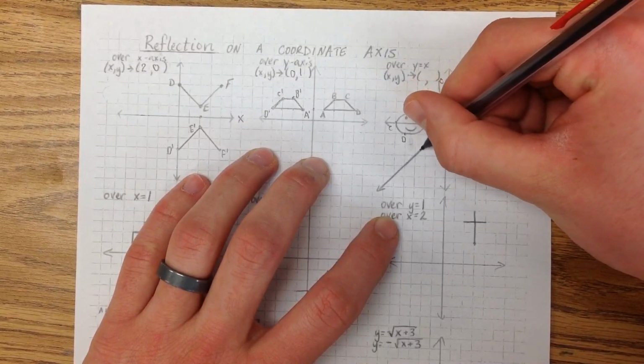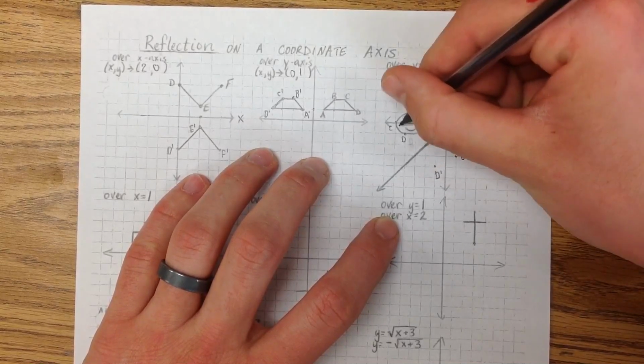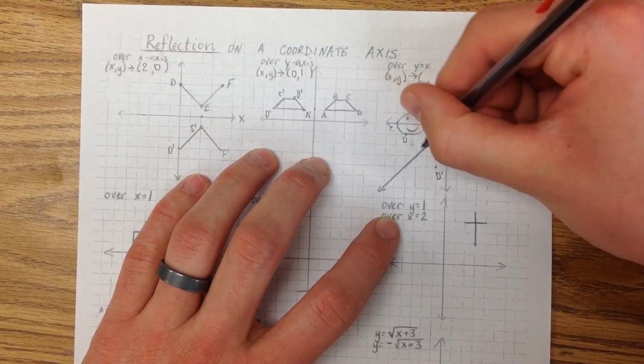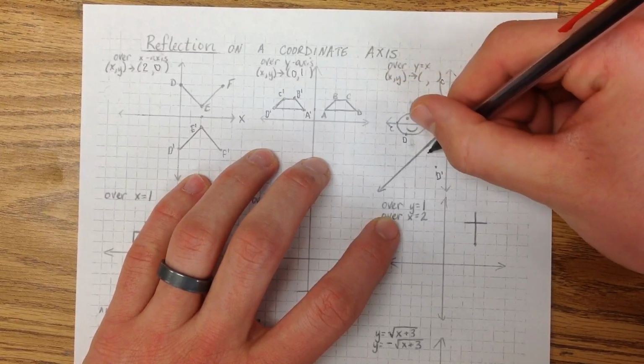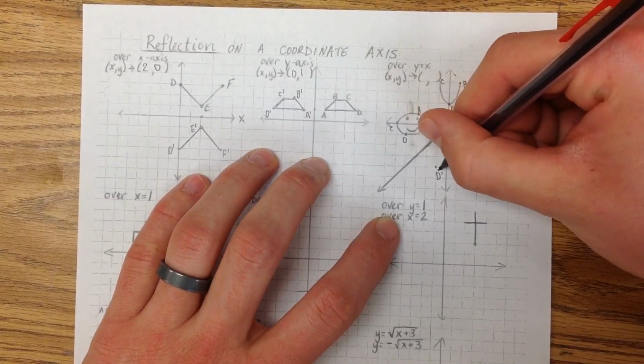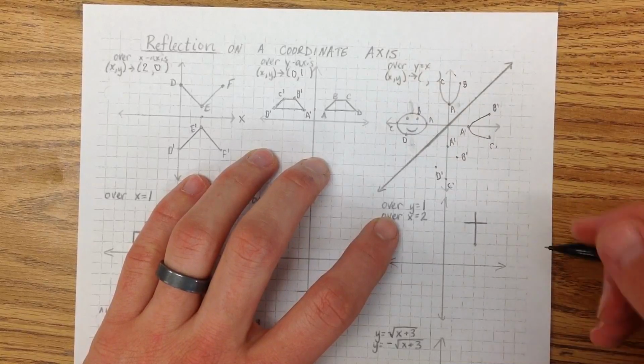D is 1.5, half, 1. That's D prime. C is 1, 2.5, half, 1, 2. So that's C prime.